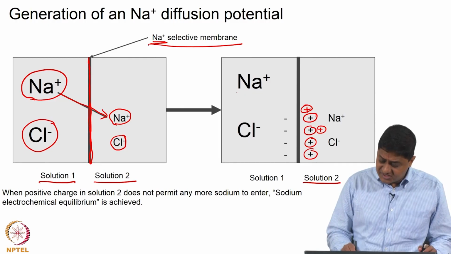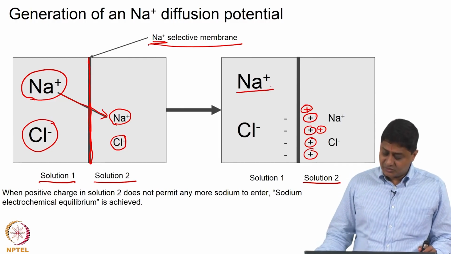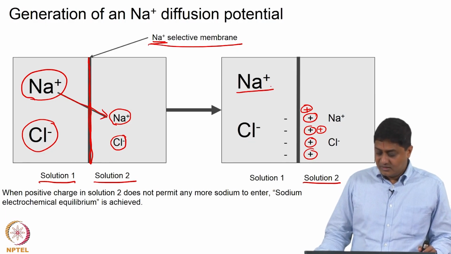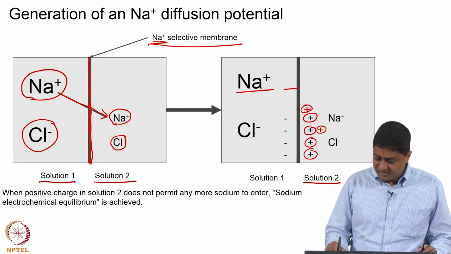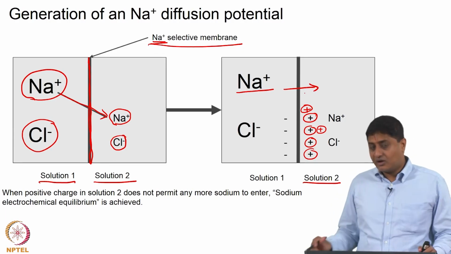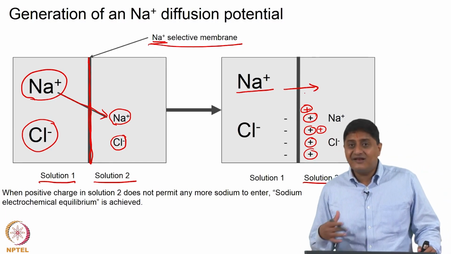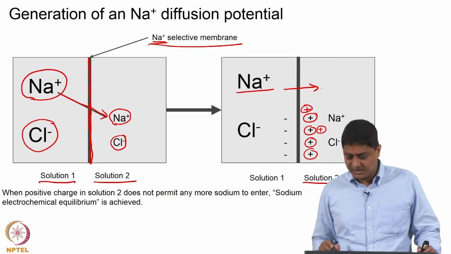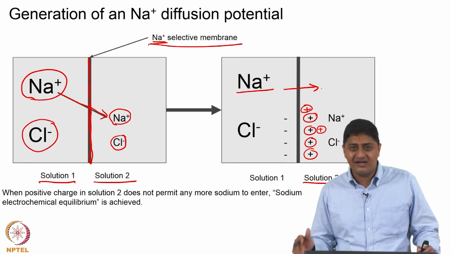If sodium was not charged, if sodium was not an electrolyte, if sodium was not an ion, if it was a non-charged solute, right, then the movement of this substance would be driven only by the concentration gradient, and that will not build any charge in solution 2, because the substance we are discussing does not have any charge.